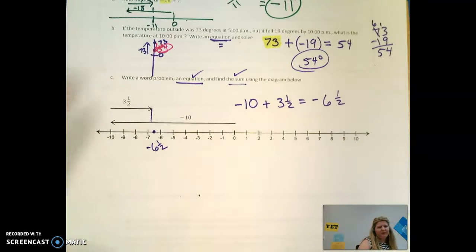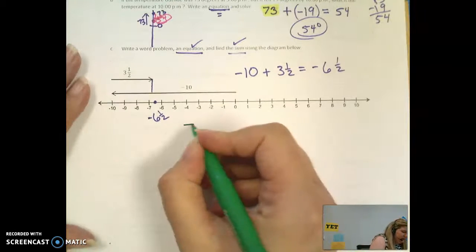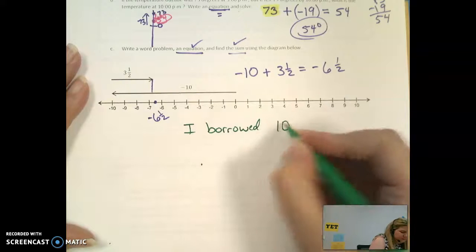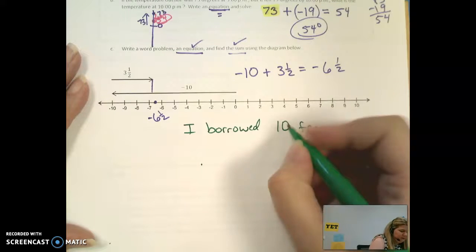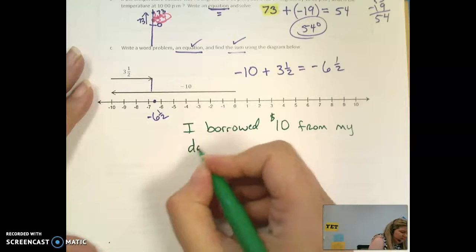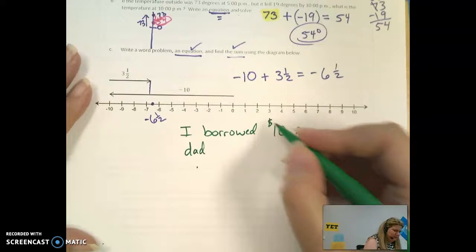Or instead of how much do I currently owe him, I will write it down for you. I borrowed $10 from, the $ sign goes in front, by the way.